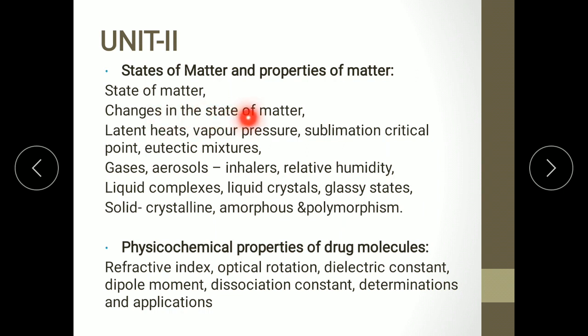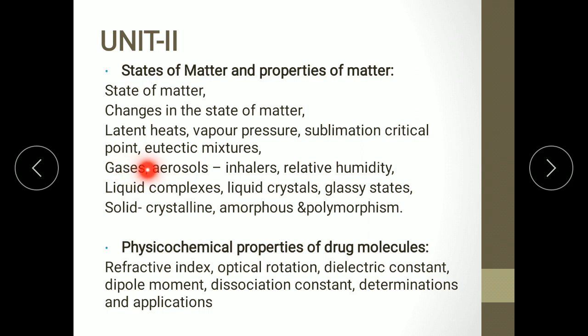Then changes in the state of matter, in that we have to see the physical changes, chemical changes, then some definitions and explanation about latent heats, vapor pressure, sublimation, critical point, eutectic mixtures.